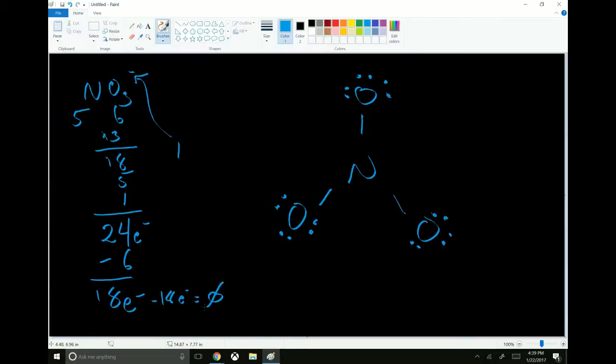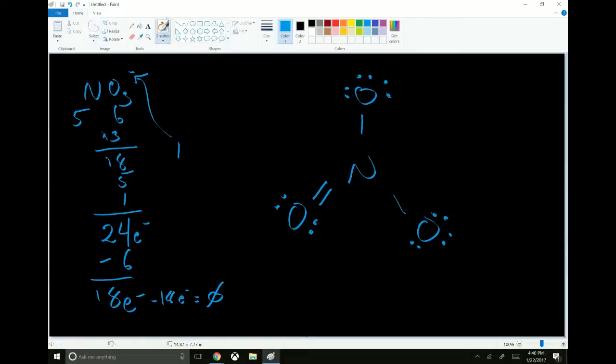And we're out of electrons, but nitrogen is not yet happy, so we are going to have to go ahead and remove 2 electrons from one of our oxygens to make a double bond, and that makes our nitrogen happy.